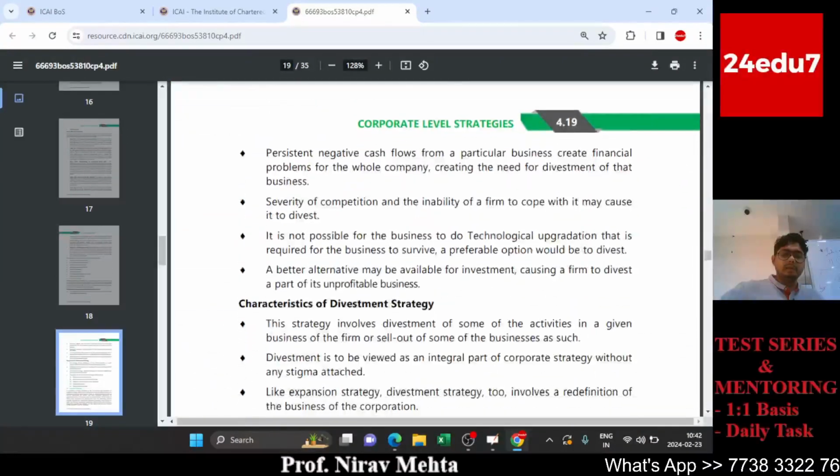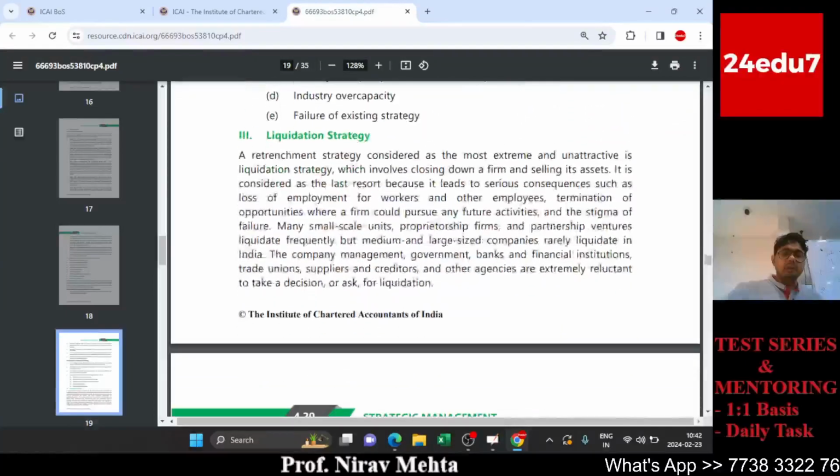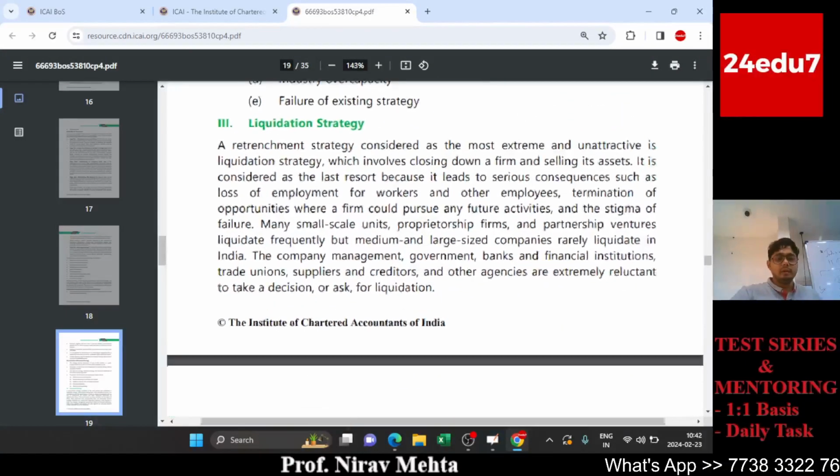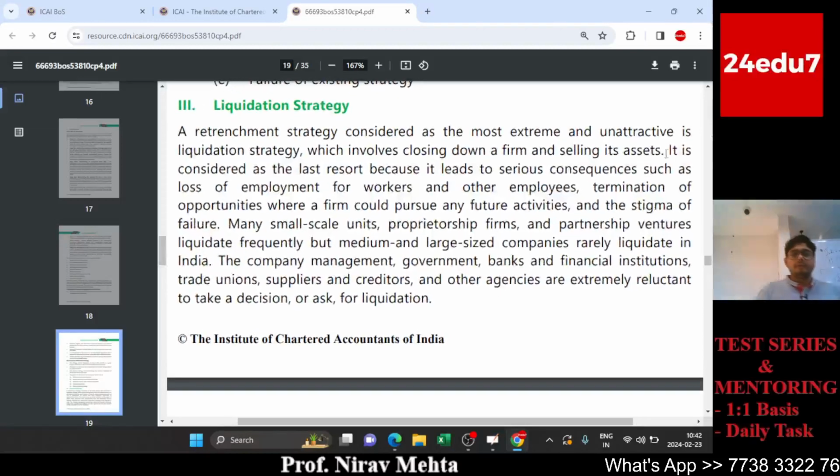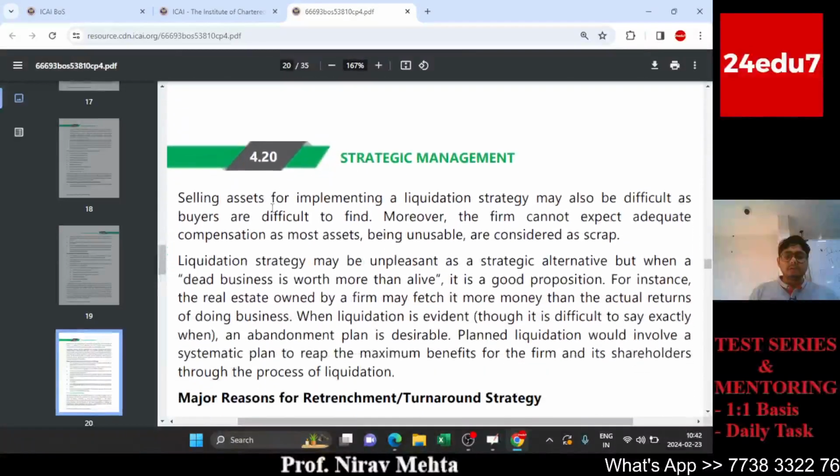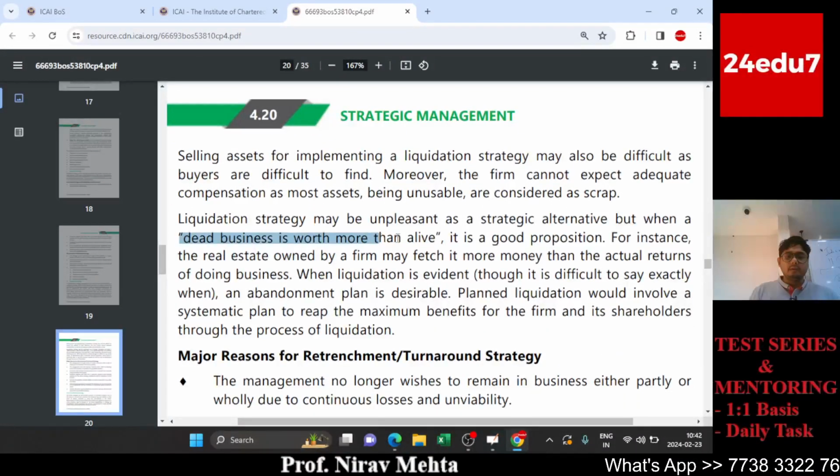Can you see divestment? Can you see liquidation? Here liquidation is given. See here. Most extreme, unattractive. Closing down the firm, selling its assets. Last resort. Are you getting my point? Loss of employment, loss of opportunity. Then we have done from the next page: a dead firm is worth more than a live one. Understood? Yes or no?